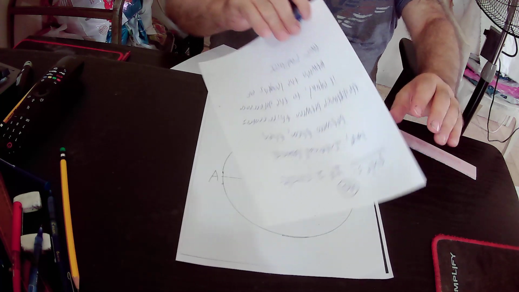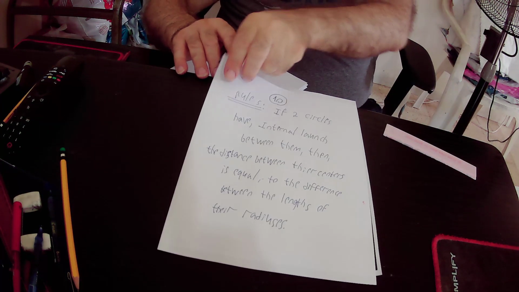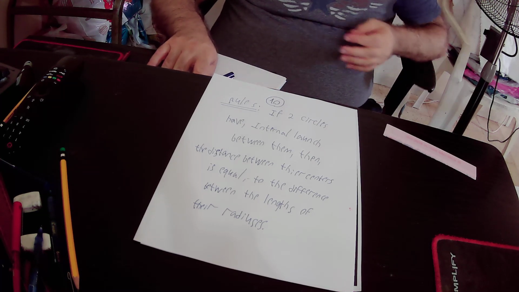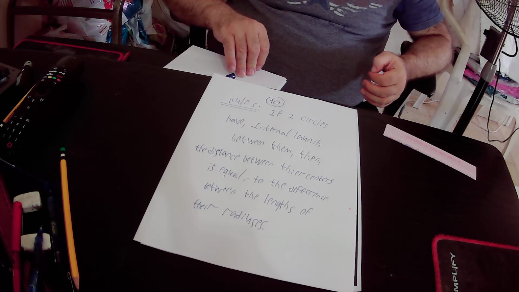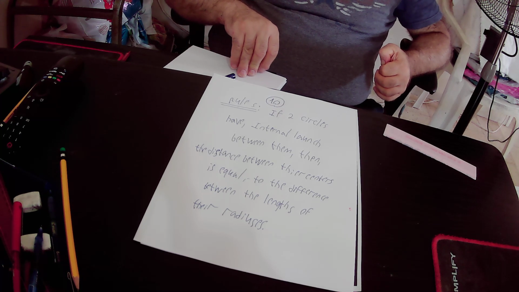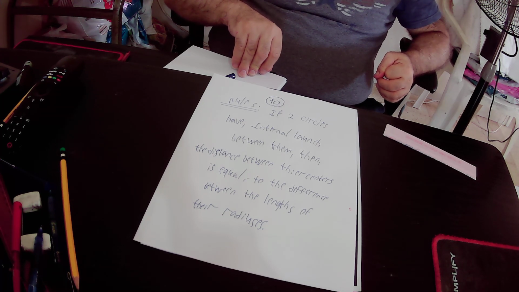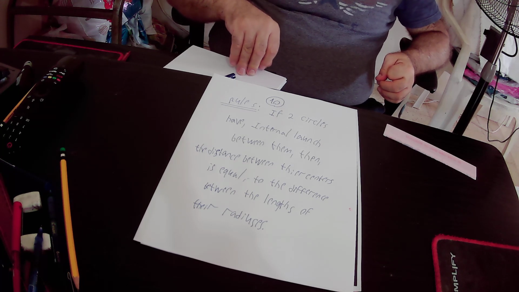Okay, so I will read rule number 5 again. Rule number 5 states that if two circles have internal lunge between them, then the distance between their centers is equal to the difference between the lengths of their radiuses.